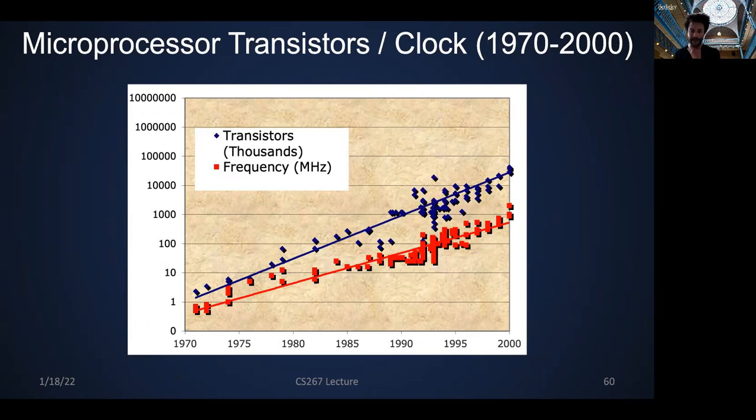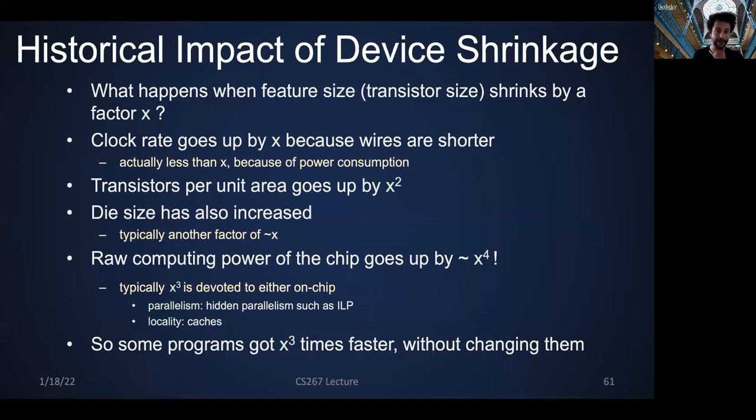So, okay, more recent data suggests this is no longer going to happen. But let's talk about a couple of other things. What happens when you try to shrink transistors by a certain size? Well, when you look at one dimension of a transistor, you shrink it by a factor of X. The clock rate goes up by X because the wires become shorter.